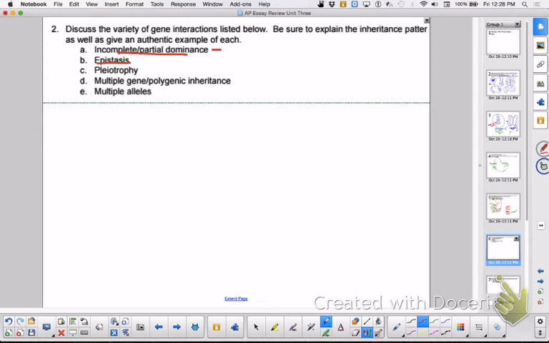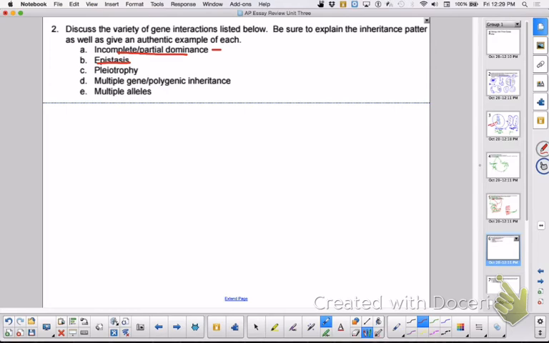Because if it was big B anything with a big C, you got a black rat. If you got two little b's with any big C, you got a brown rat. And it didn't matter if you got big B's or little b's, if you didn't have a big C, you were going to be an albino rat. So that C gene controlled the laying down of the pigment, whether or not that pigment coded for black or brown on your pair of alleles.